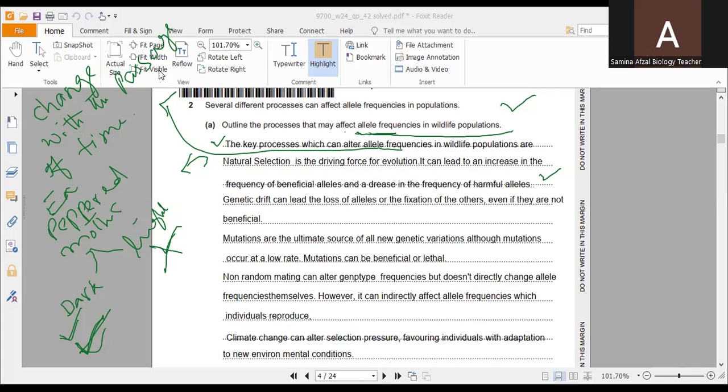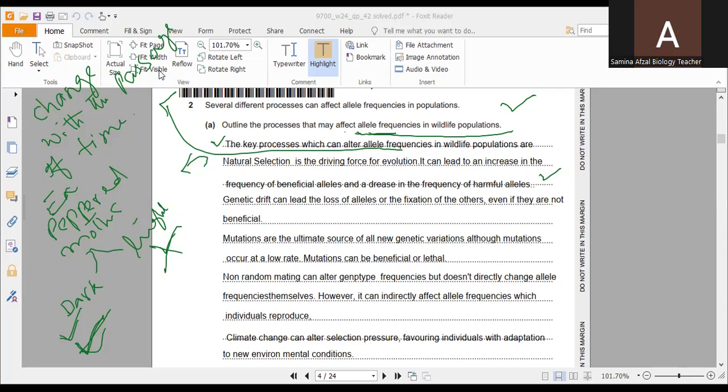So it can lead to the loss of genetic variation and the fixation of certain alleles, especially in smaller populations. We can see it can cause changes in the allele frequencies over time, even in the absence of natural selection or other evolutionary forces.